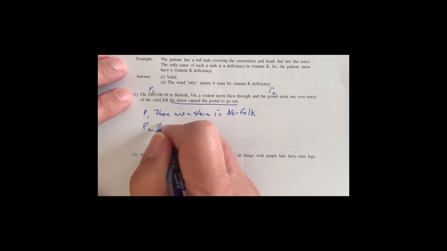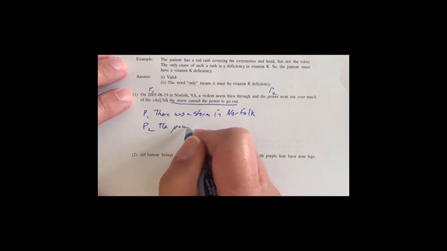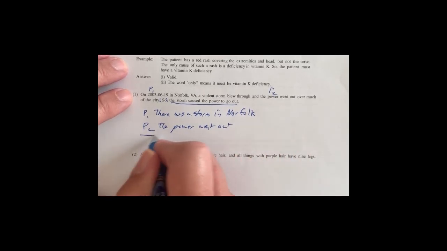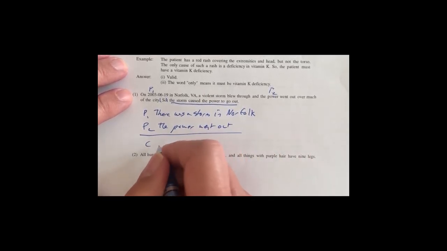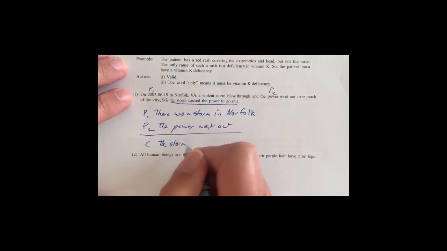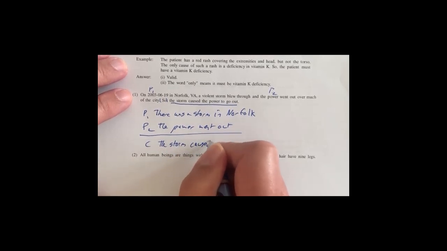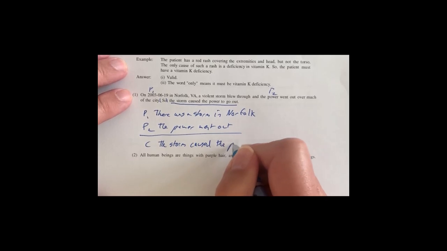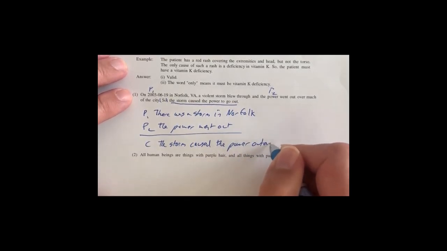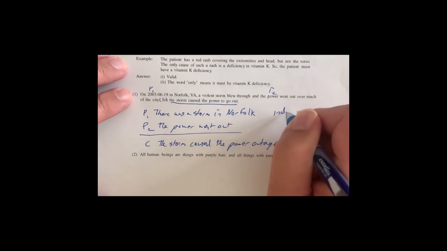P2, the power went out. Conclusion, the storm caused the power outage. Indicator.